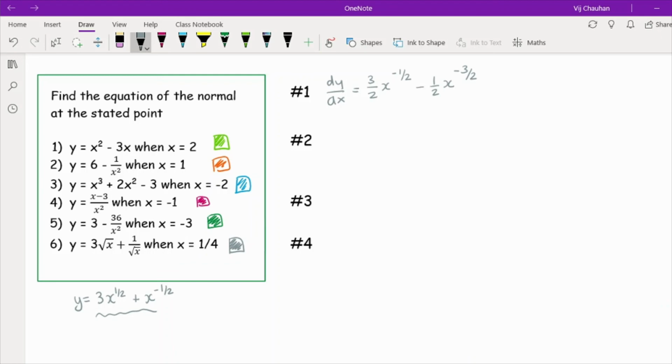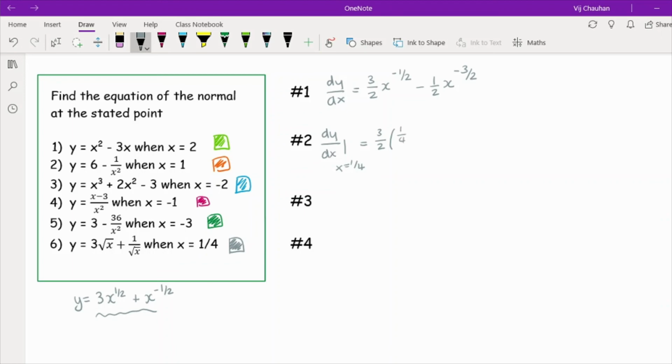So moving on from that, the next thing we need to do is substitute my x ordinate, which is a quarter, into my dy/dx. So if I substitute a quarter into this, what it's going to look like is a third. Now if you're using your calculator, you might find it easier just to use 0.25, which is fine.